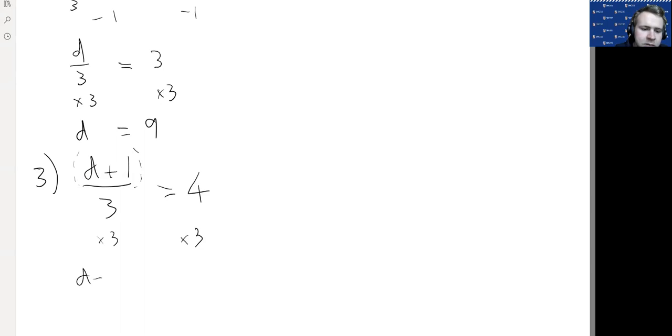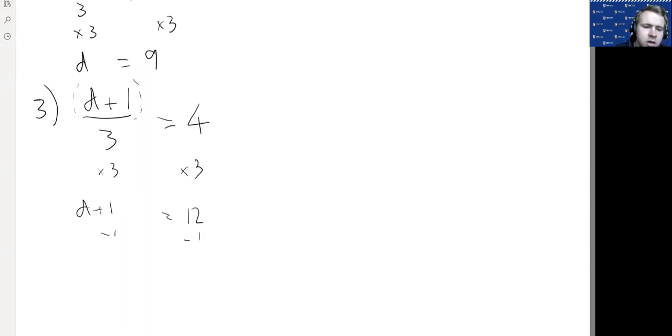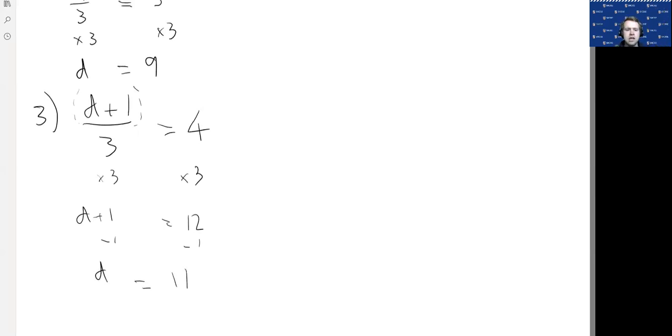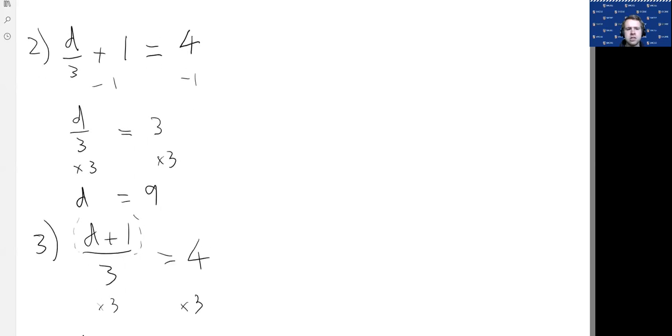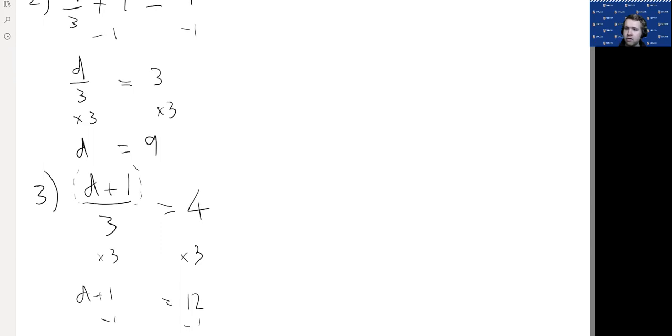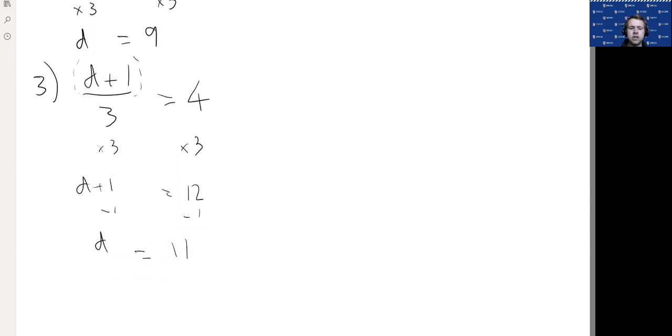So we end up with d plus 1 equals 12, and then we minus 1, which gives us d equals 11. So you see two very similar questions, d divided by 3 plus 1 equals 4, and d plus 1 all divided by 3 equals 4, and we get two different answers.